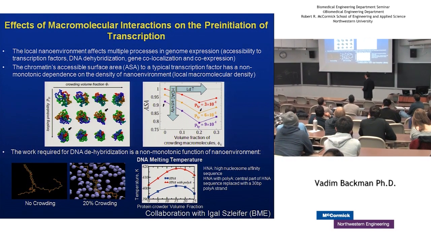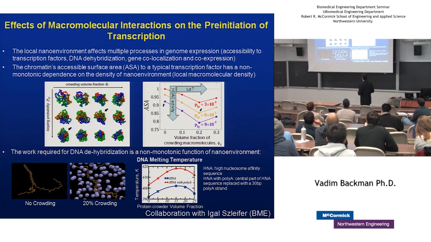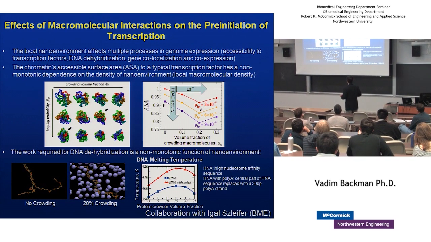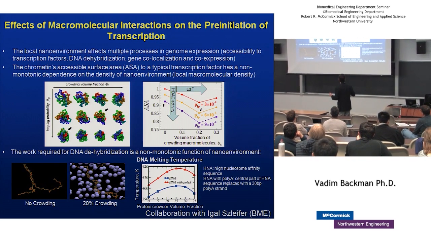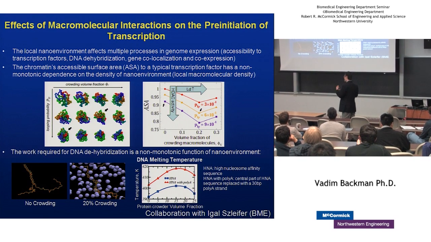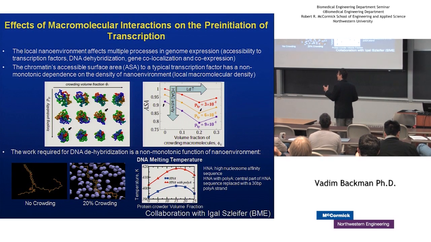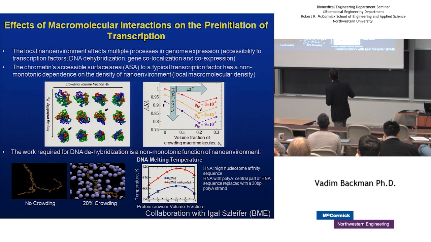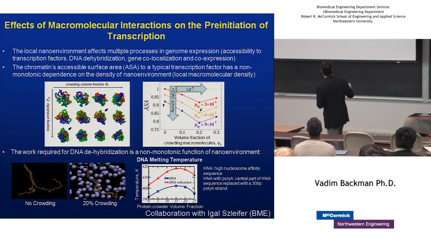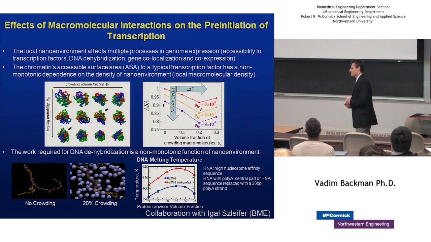These are results of molecular simulations. And what you see here is that depending on the local concentration, essentially local nanoenvironment, the accessible surface area of chromatin is expected to be a non-monotonic function of this local density.